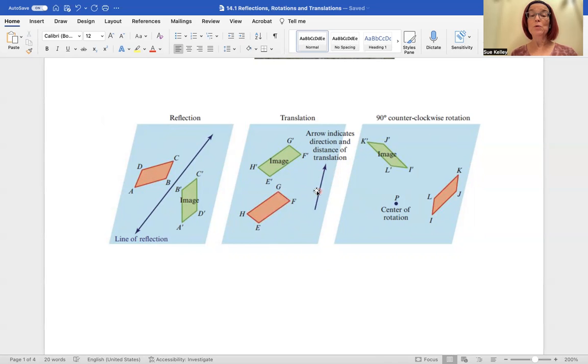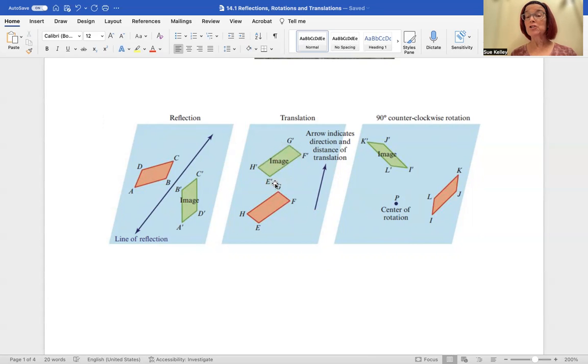And if you could move this arrow over here, it would correspond to the distance and direction between G and G prime. Similarly, between F and F prime, between H and H prime. So this arrow is sort of like a key telling us the distance and direction of our translation.